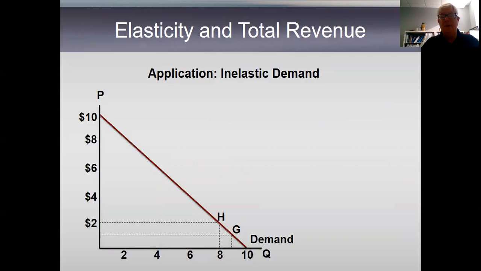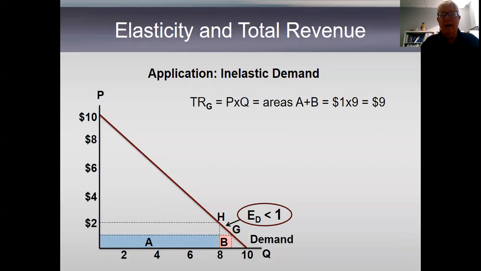Now, let's see what happens when it's inelastic. So now we've got points that are clearly in the inelastic portion of the demand curve. And let's see what happens. Here we are at point G. At point G, the price is 1, and people are going to buy 9 units, which gives you $9 of revenue.